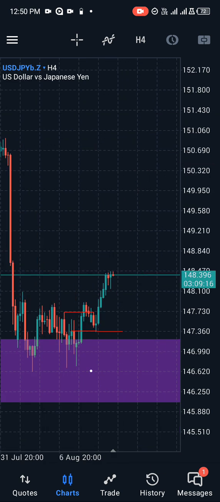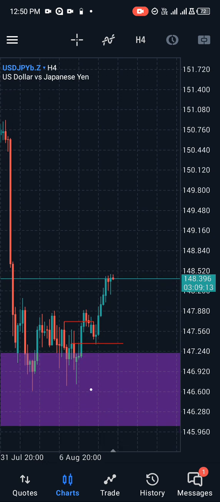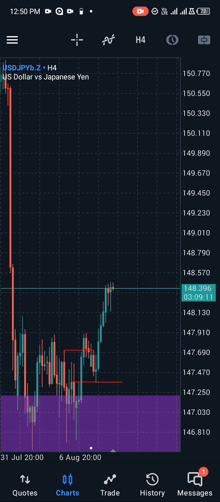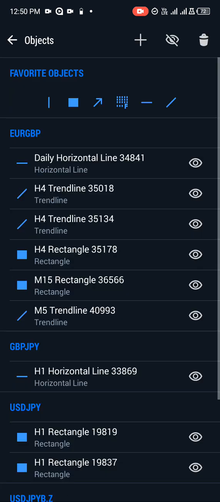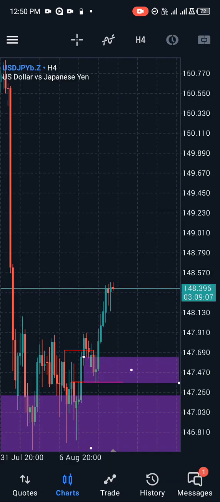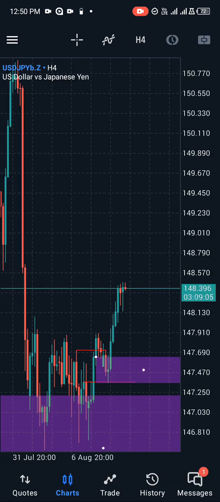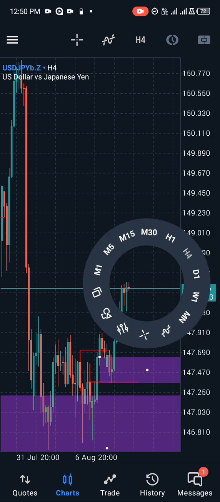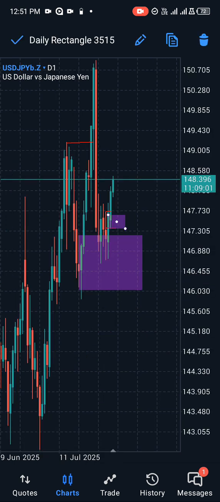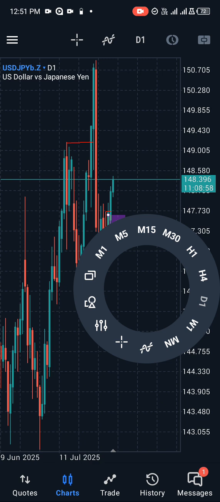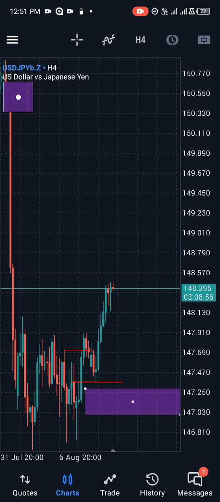So I want to support, okay, that was my technical analysis, and I was waiting for my buys around that zone. Let me delete this, so that I can mark my entry zone. So I was sure that this was my entry zone there.